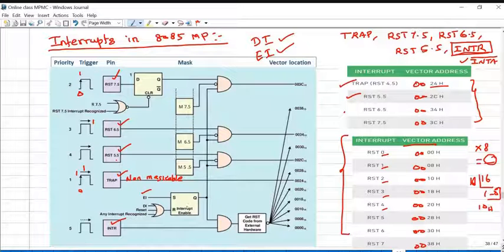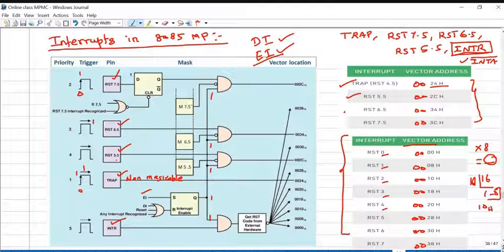This interrupt enable flip flop controls all the interrupts except the trap, and plays a very important role. If you make enable interrupt high, Q will be high. So this one is high and this is high, so we are enabling all the interrupts. After enabling all the interrupts, suppose you want to disable a particular interrupt structure.